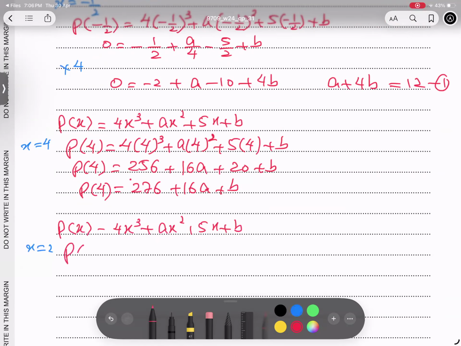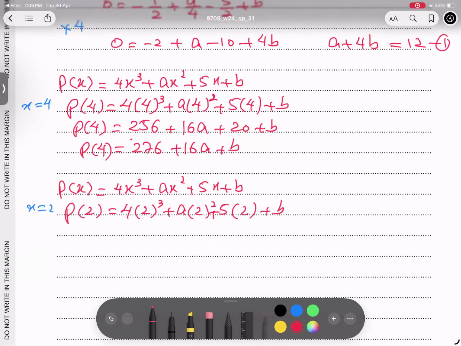So when I put 2, students, 2 to power 4, 2 to power 3, 2 to power 2, and b. Okay. And P of 2 value is giving us 32, 2 square 4a, and 2 5s are 10 plus b. And then I'm getting finally 42 plus 4a and plus b.